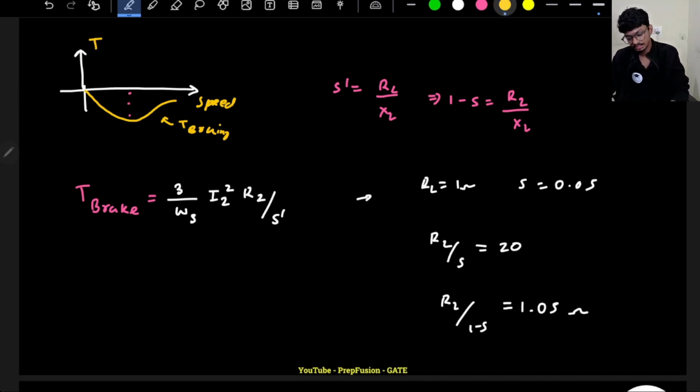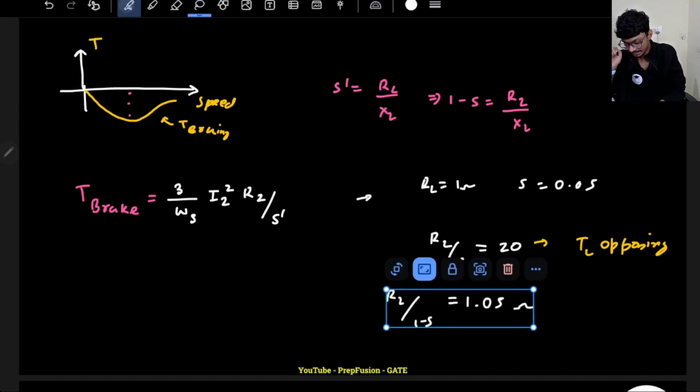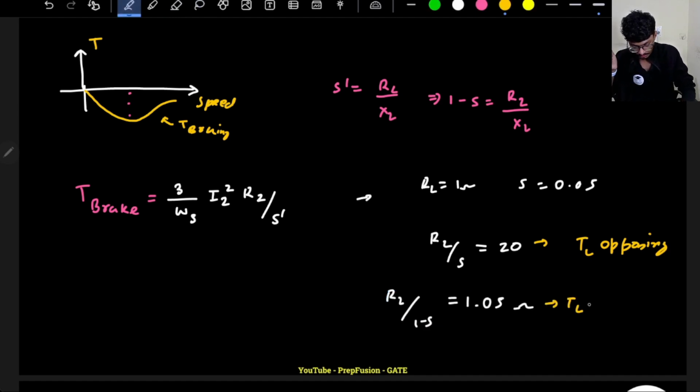Previously, if you remember, whatever mechanical load TL was connected was opposing in nature. Now what is happening? Now TL is not opposing anymore. TL is supporting. How is TL supporting?